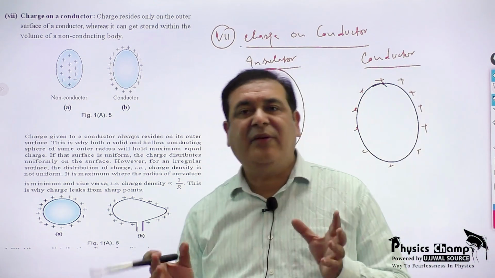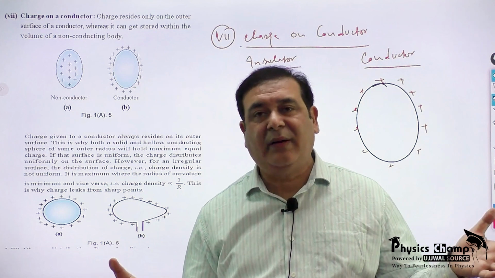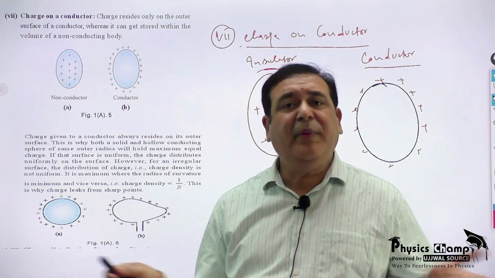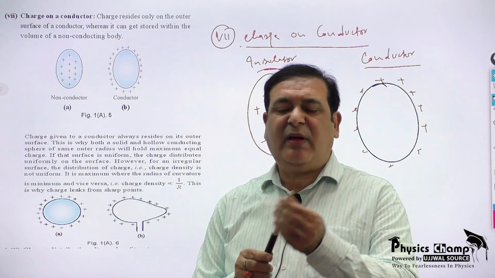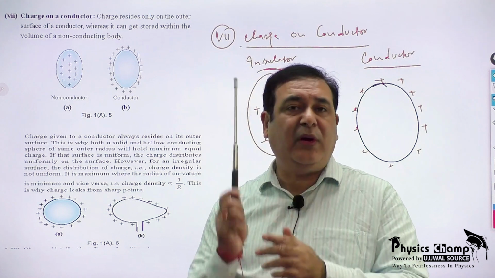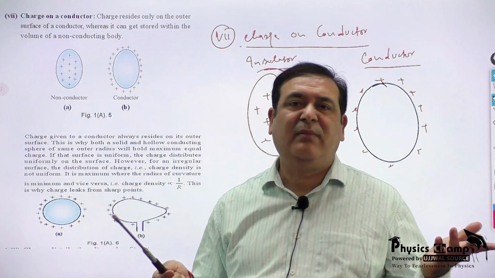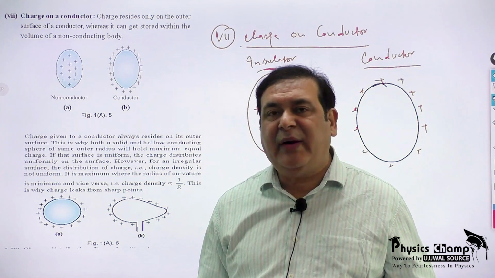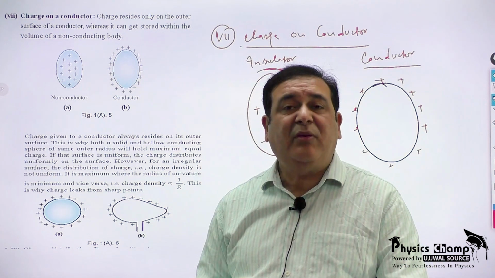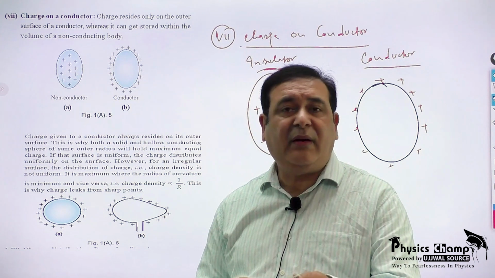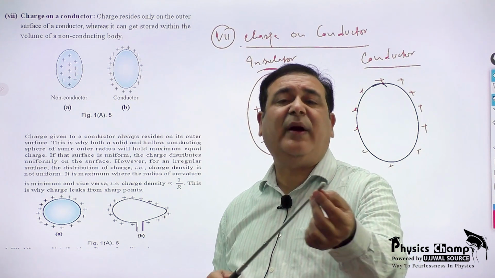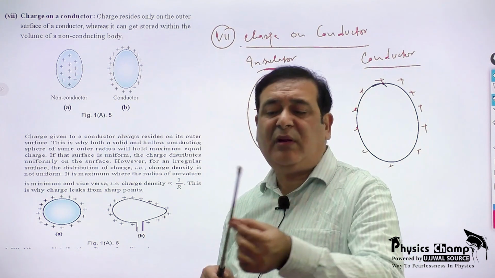So we cannot have a stable charge on a conductor. For example, this is a conductor, aluminium, and I rub it as much as I like, I will not find it attracting a piece of paper, because any charge developed at one edge will spread all over.